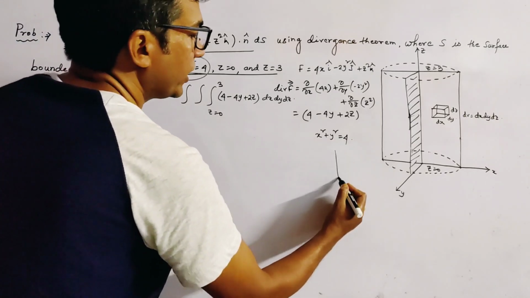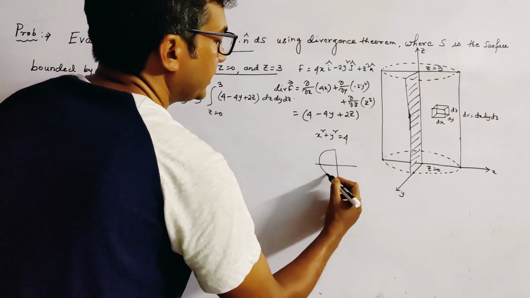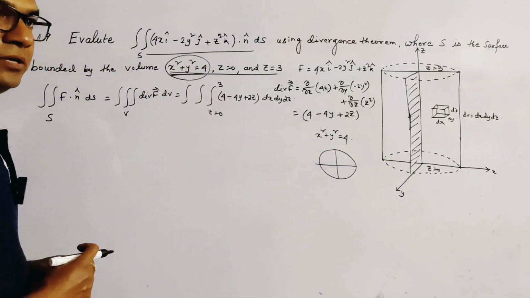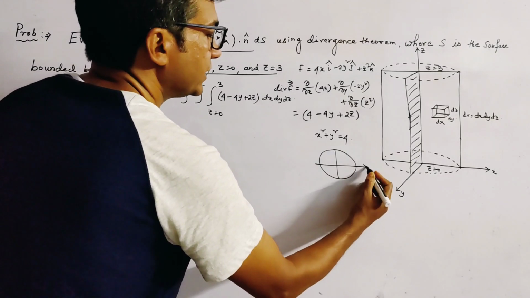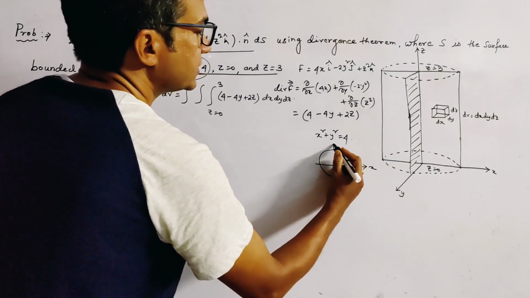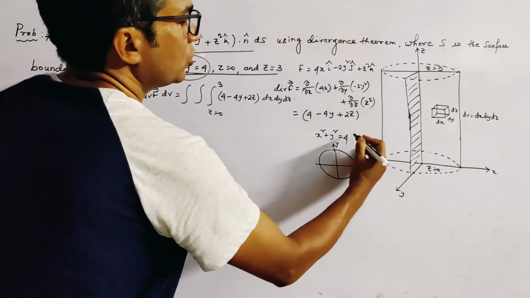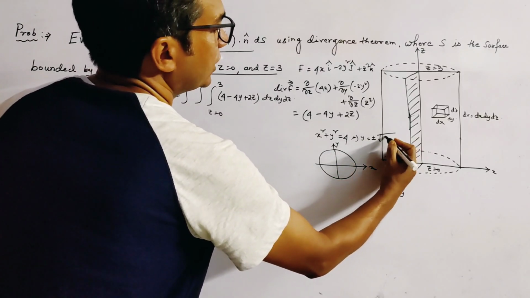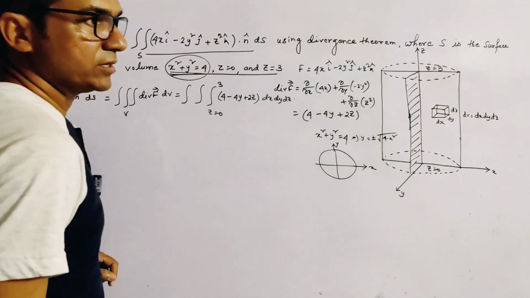If we draw a circle in the xy plane and want to integrate over it, then with x-axis and y-axis, we get y equal to plus minus root of 4 minus x².